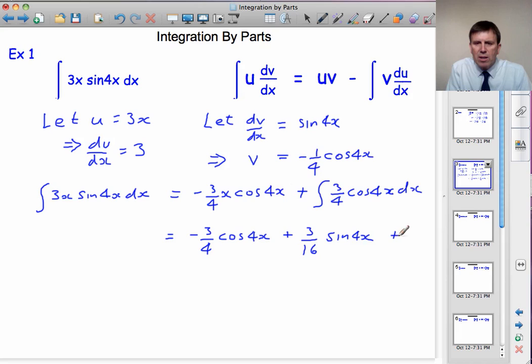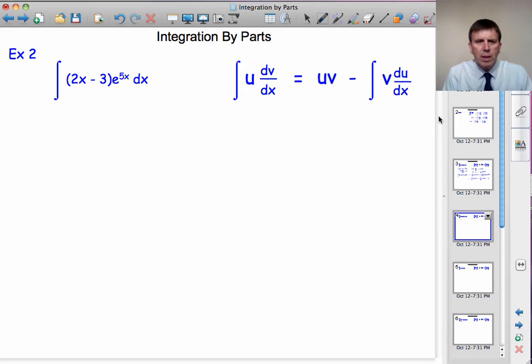And then there'd be on the end a constant of integration. And that's our final answer. The integral of 3x sine 4x dx is minus 3/4 cos 4x plus 3/16 sine 4x plus a constant. And that concludes example 1.